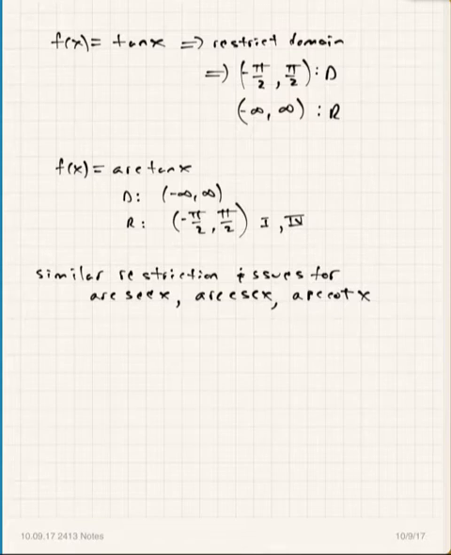So the restrictions are all in section 1.4, and very quickly those can be found on page 87 of your book.